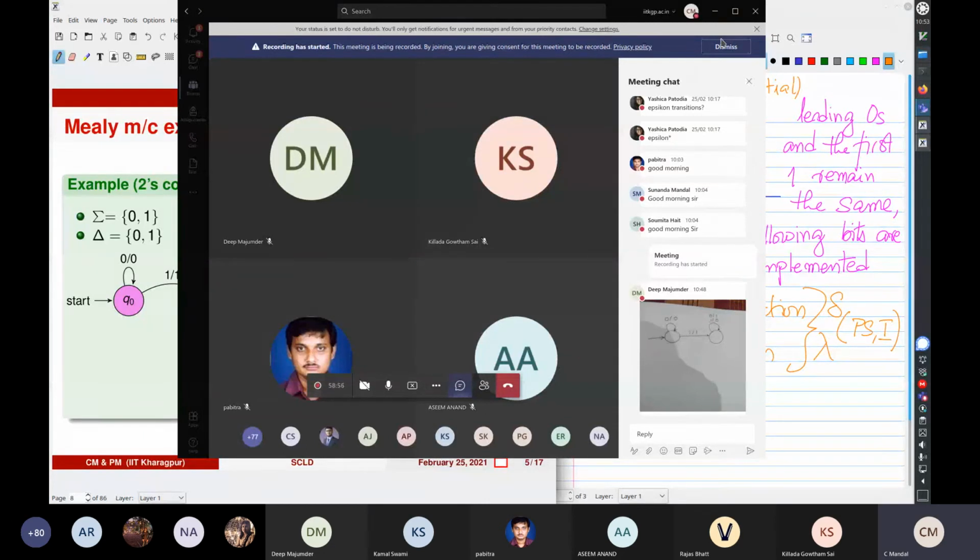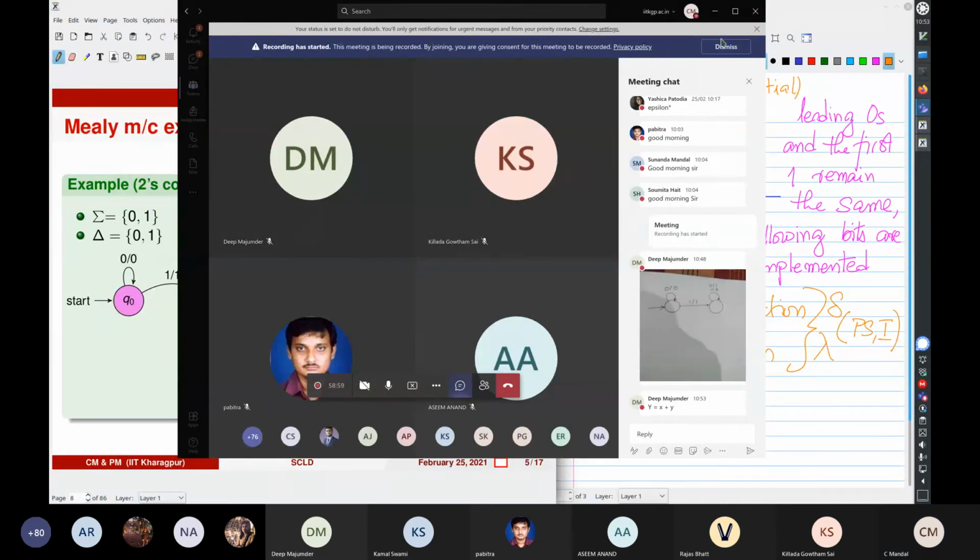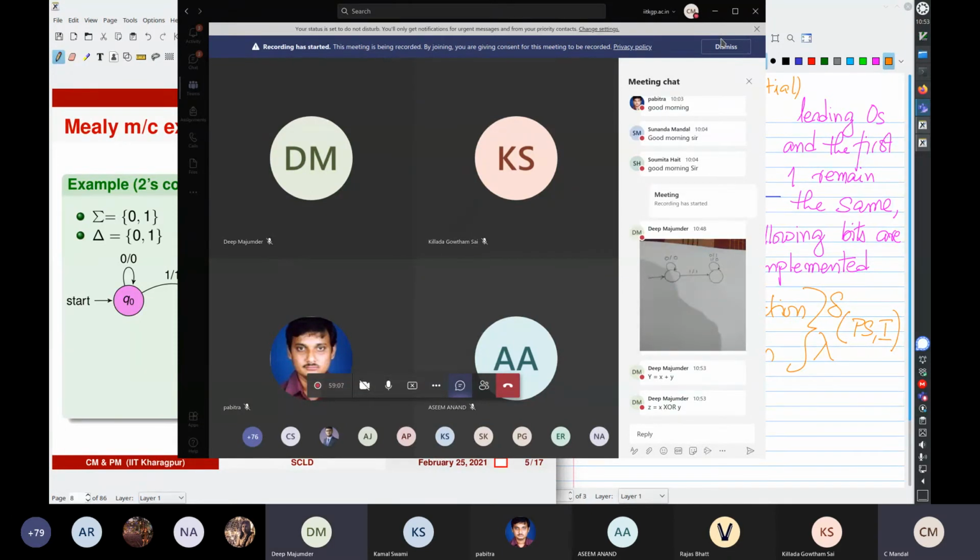So how many input variables are there for these functions? Sir, 1. Why 1? It's over here, whatever I written, it depends on the present state and on the input, right? Oh, so you mean the total input or the external input?